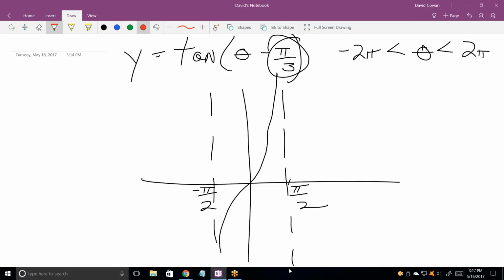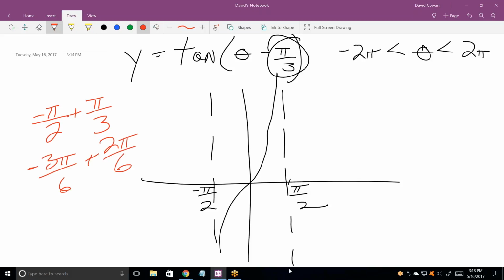So the best way I think to handle phase shifts is to figure out where you start. Well, this tangent curve starts at minus pi over 2. So I really want to do minus pi over 2 plus pi over 3. That's where I'm going to start. Well, that's minus 3 pi over 6 plus 2 pi over 6. So you start at negative pi over 6 right there.